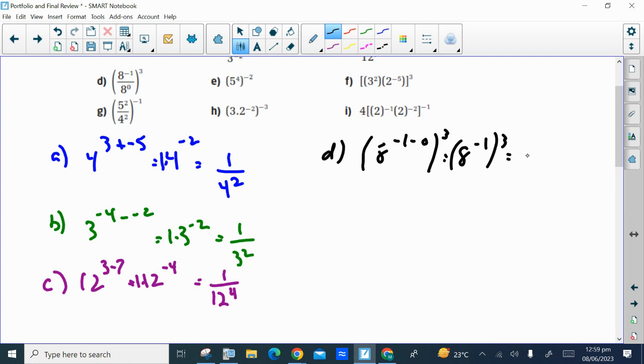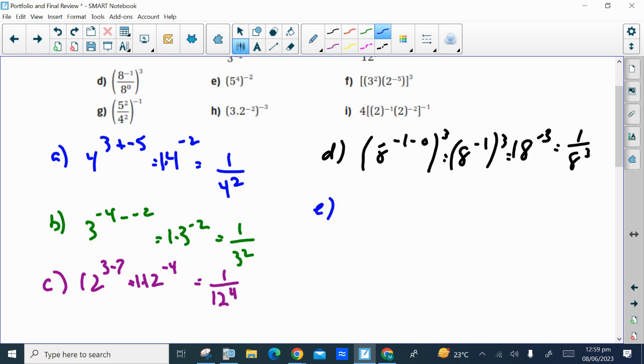When you have one exponent raised to another, you multiply the exponents and keep the base the same. So that'll give us 8 to the negative 3, or 1 times 8 to the negative 3. The 1 stays on top, the 8 will move to the bottom, and the exponent sign will become positive. So there's question D.